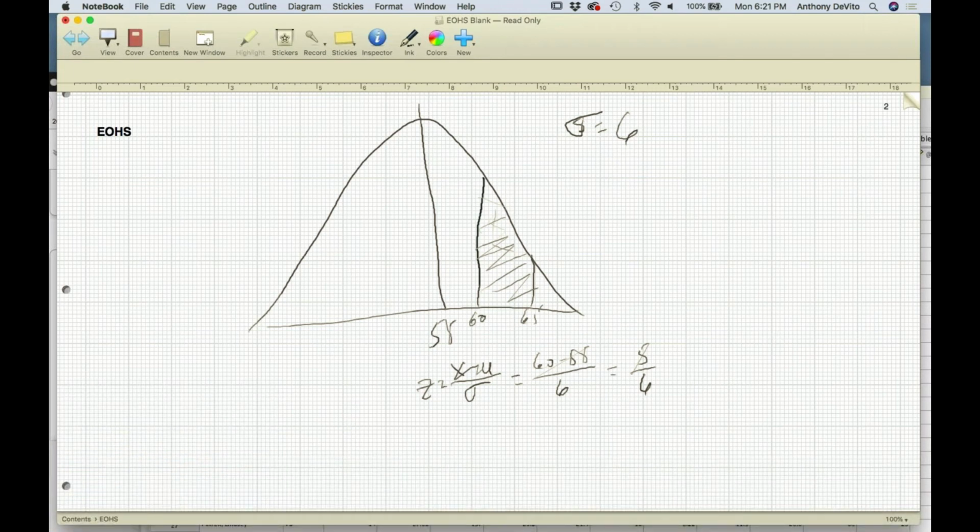It's 0.83. And for 65, 65 minus 55 is 10 over 6, which is equal to 1.667, something like that. Since the z-table is only going to have 3 digits, I can make that 1.67. So I'm going to go to the z-table.